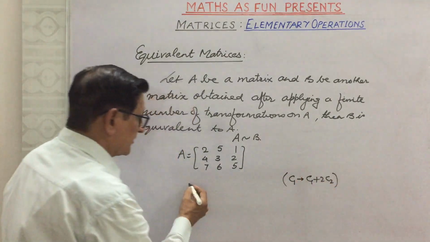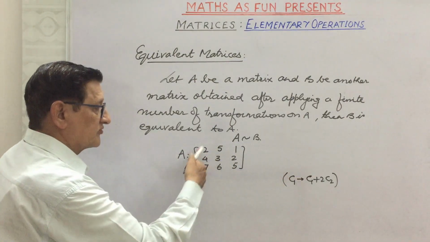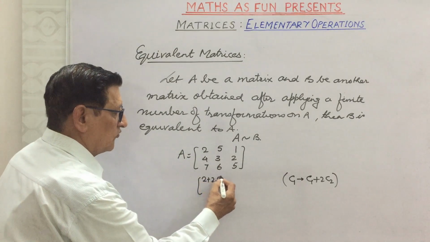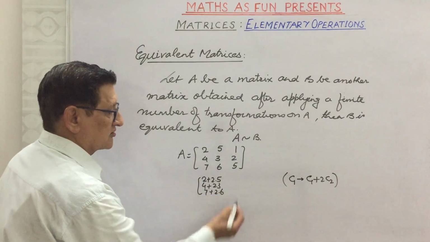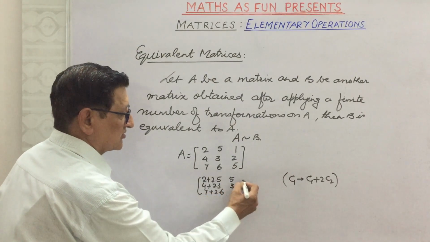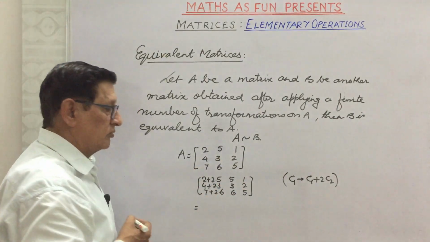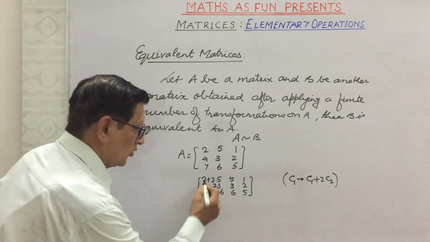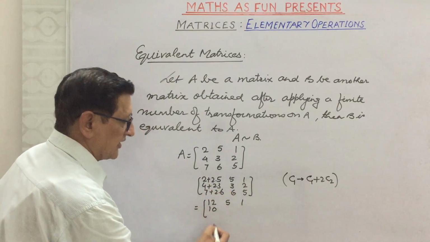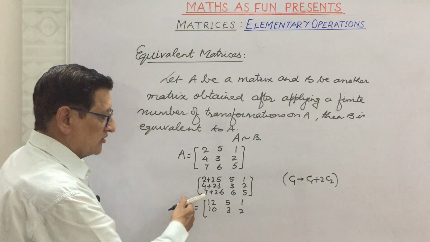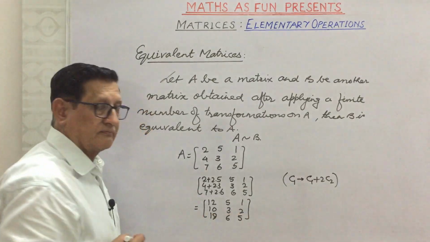After this, we are getting it as 2 plus 2 into 5, 4 plus 2 into 3, 7 plus 2 into 6, 5, 3, 6, 1, 2, 5, which is equal to 2 plus 10, 12, 5, 1, 4 plus 6, 10, 3, 2, 7 plus 12, 19, 6 and 5.